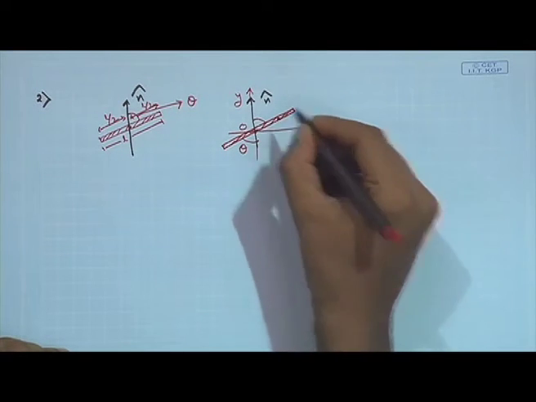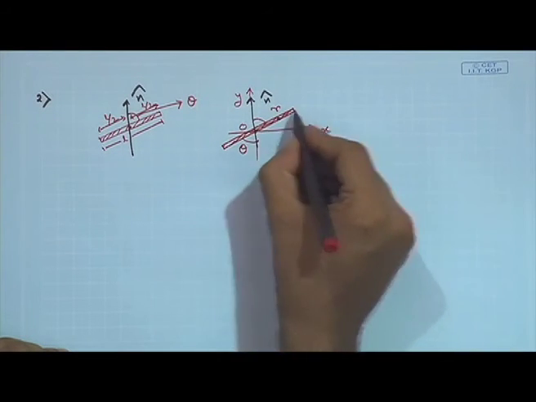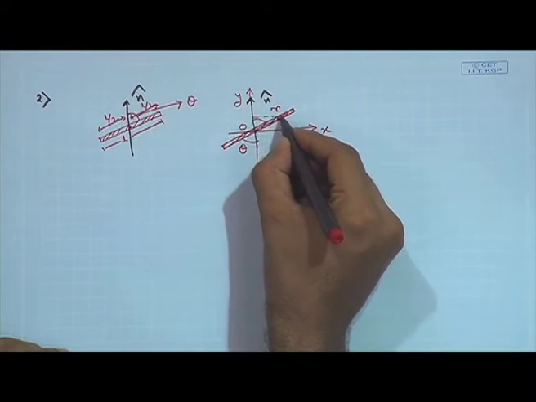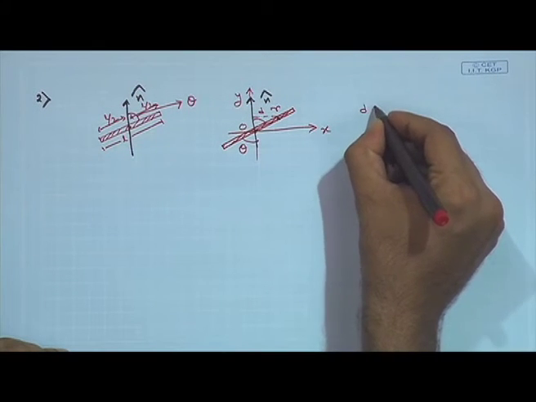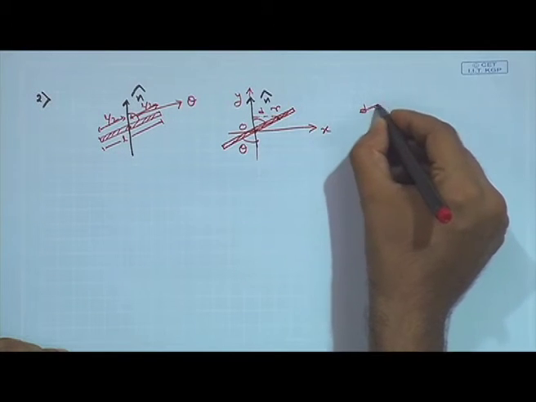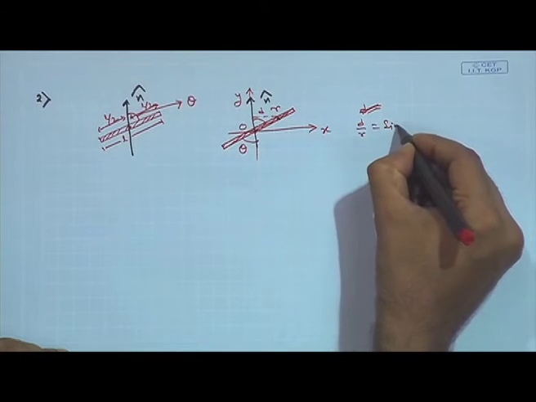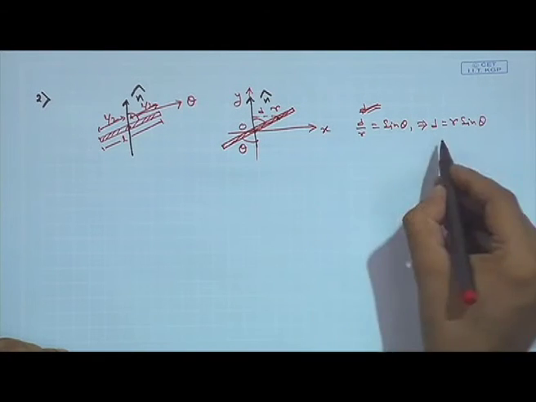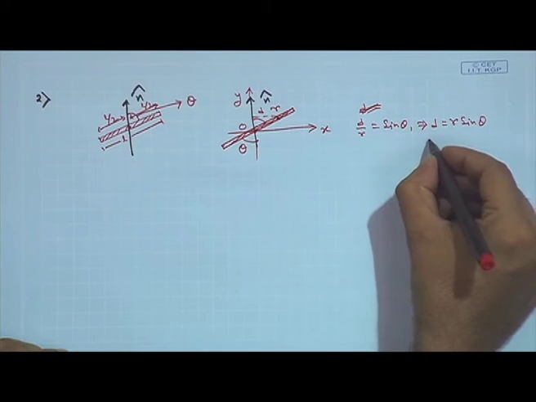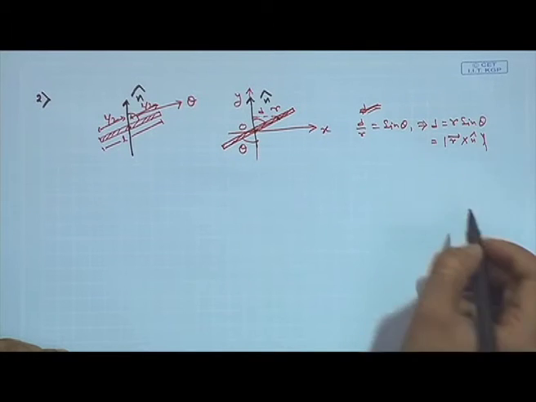For any random point at a distance r, we need to find this distance d. From the symmetry of the problem, d by r is equal to sin theta, which gives d equal to r sin theta. This is also a familiar expression, essentially mod of r cross n capped that we have seen earlier.